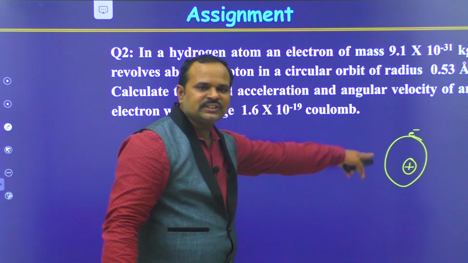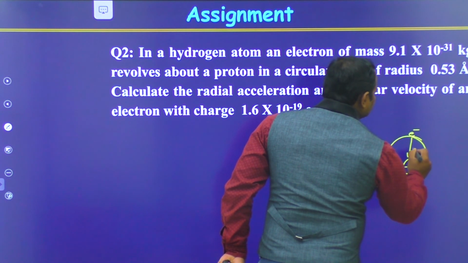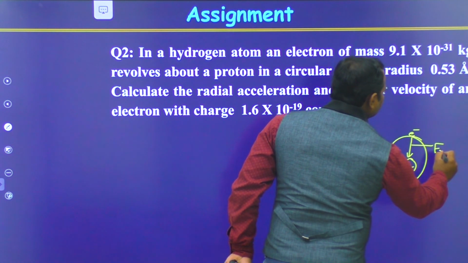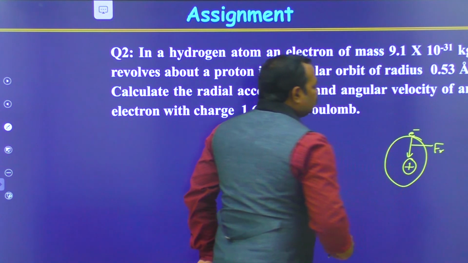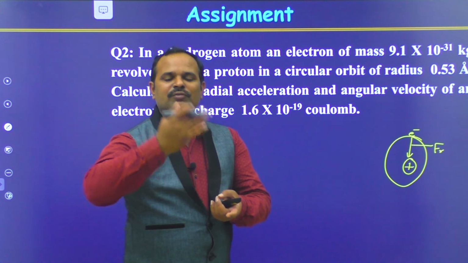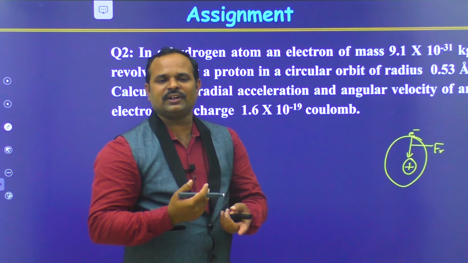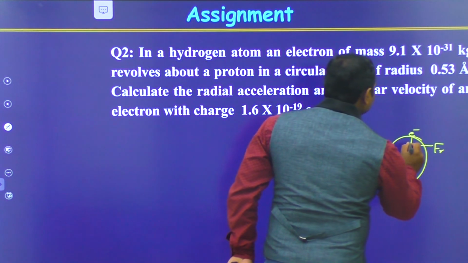Now whenever the electron is revolving, there is a force of attraction. This is a proton, this is an electron, so there is a force of attraction. This is the Coulombic force of attraction. Now if just the force of attraction works in the hydrogen atom, no, there will be an equal force which is exactly working in the opposite direction to the electrostatic force of attraction. That is the centripetal force.